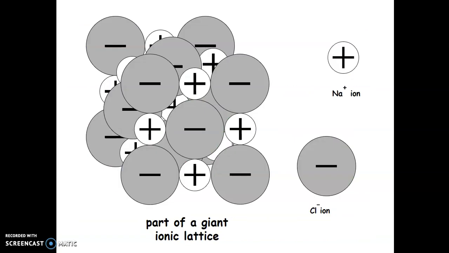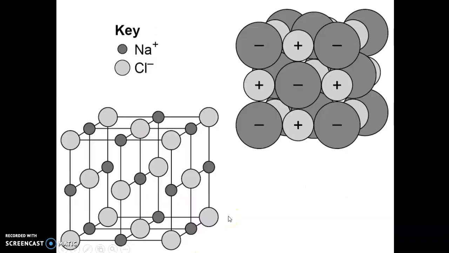Okay, now that is a very strong attraction, and that gives ionic compounds certain properties. Now they form what we call ionic lattices, because the attractions between them are fairly uniform. They form what's called a lattice, which is a repeating structure. So what you get is positive and negative ions held in a set structure.